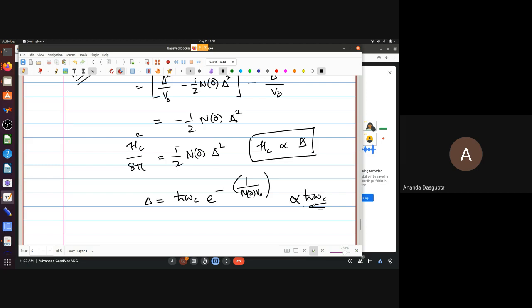Now, how could you test a hypothesis like this, that this gap energy, which you can now experimentally determine using Hc, is related to the phonon frequency? How would you verify that if the phonon frequency of a system changes, all other things remaining constant, the gap energy will be proportional to the phonon frequency?